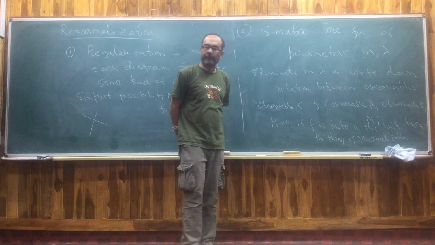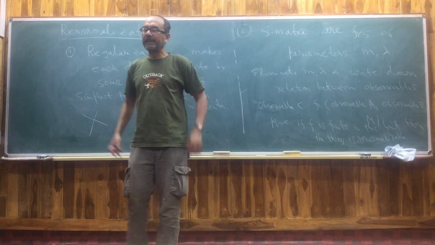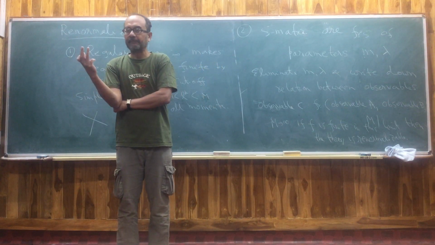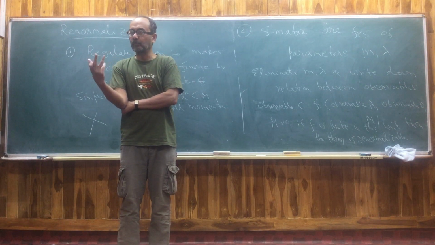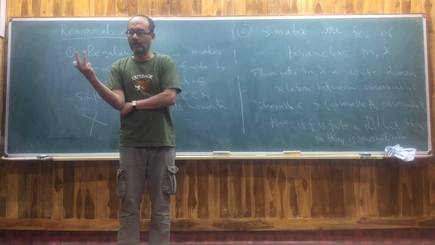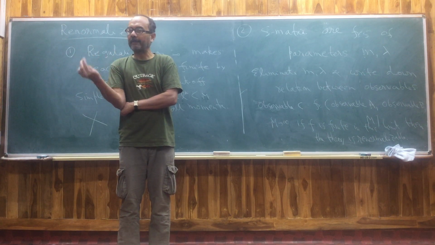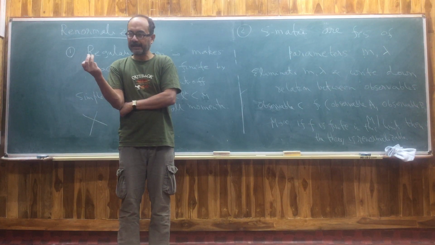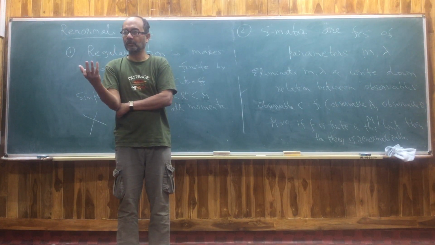Well, of course, there are an infinite number of observables, but you need two to eliminate two parameters. For phi to the 4th theory, because you have two parameters, small m and small lambda, you use any two observables to eliminate small m and small lambda, and write every other observable in terms of those two.